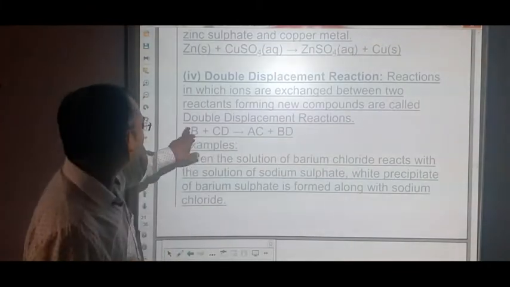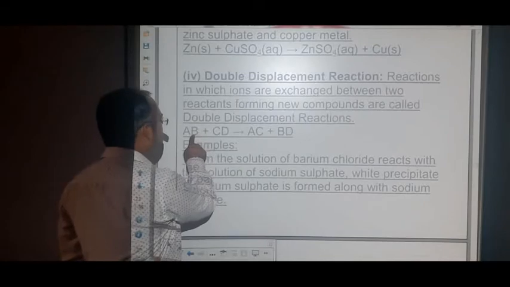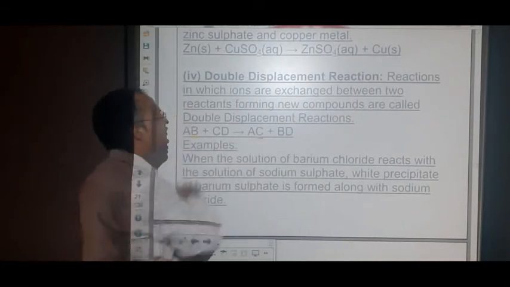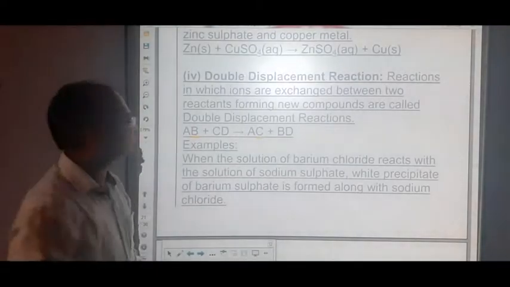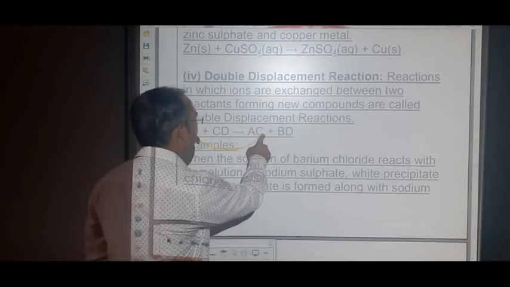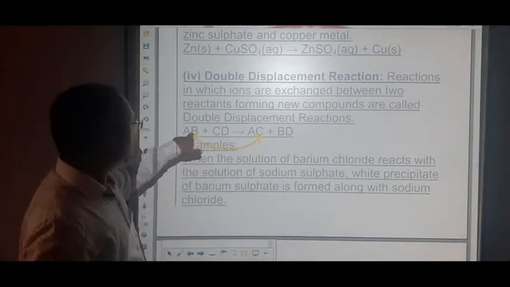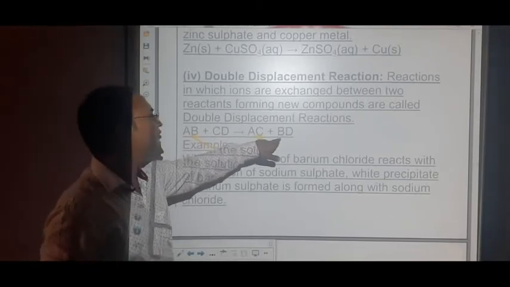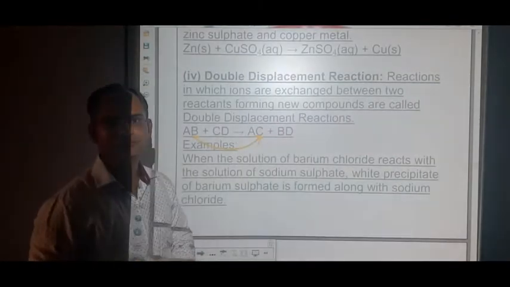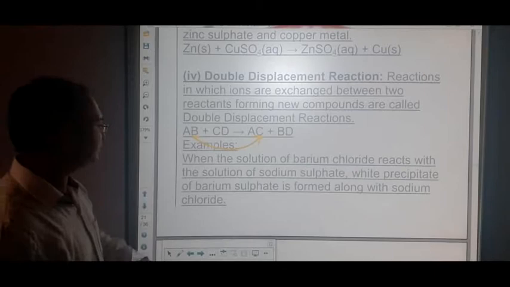That means, students, here you can see that B is replaced by C. This C came at the place of B, and here B combines with D and forms BD. So this type of reaction is known as a double displacement reaction.